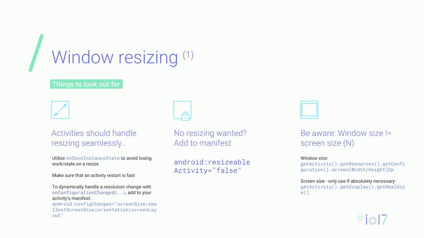So always use getActivity, getResources, getConfiguration, screen width and height in DP in order to figure out what the real size of your window is. The next thing is to get the current configuration of the screen and the metrics and everything, you should use getResources, getConfiguration, which was more or less in the point before already.